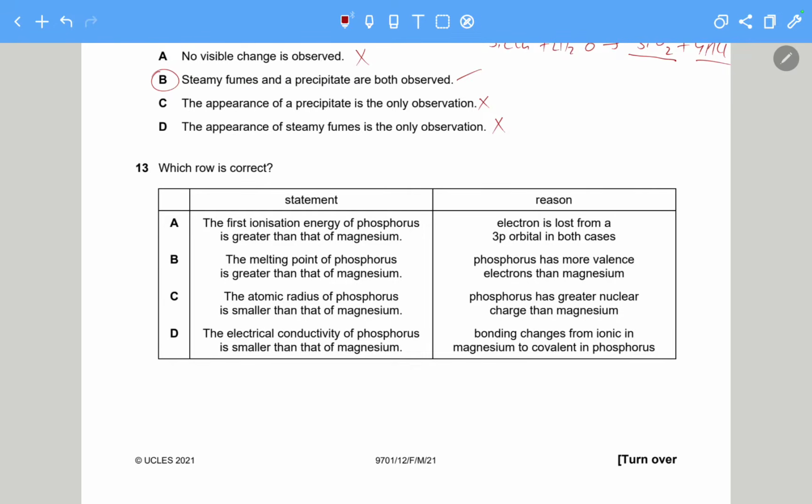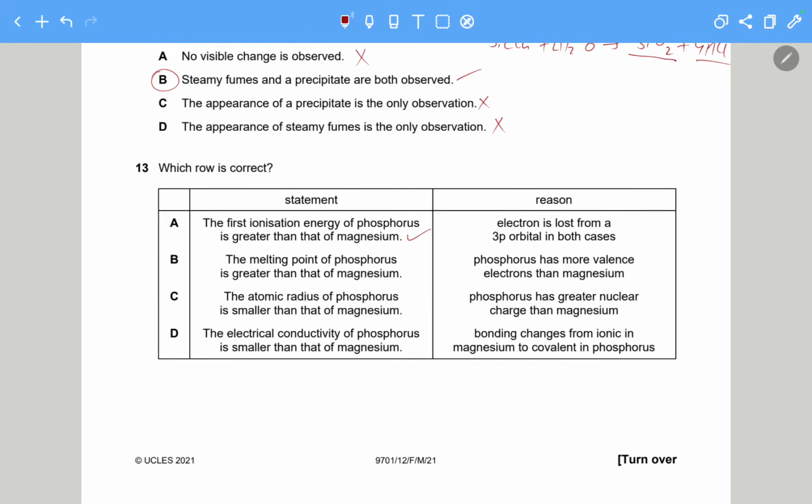Which row is correct? They've given a statement and they've given the reason. So what we'll do first is we'll only read through the statements and then we will look at the reasons, so that if one statement is wrong, then we know that that option cannot be correct. So statement 1, the first ionization energy of phosphorus is greater than that of magnesium. That is correct, because as we move across a period, ionization energy increases.